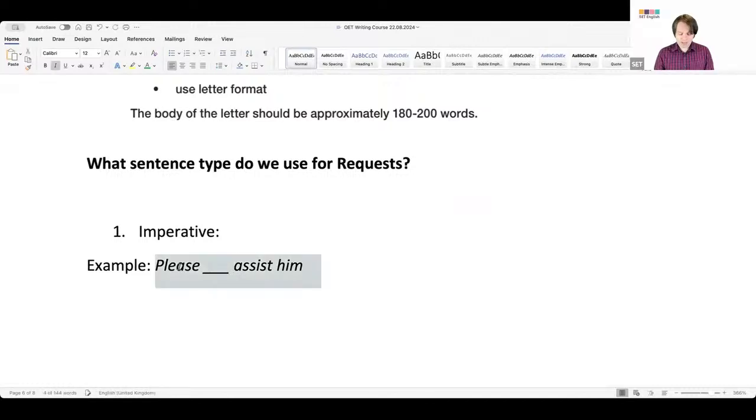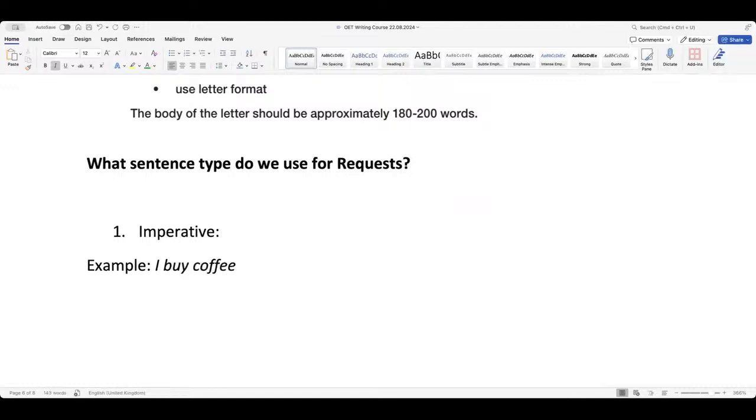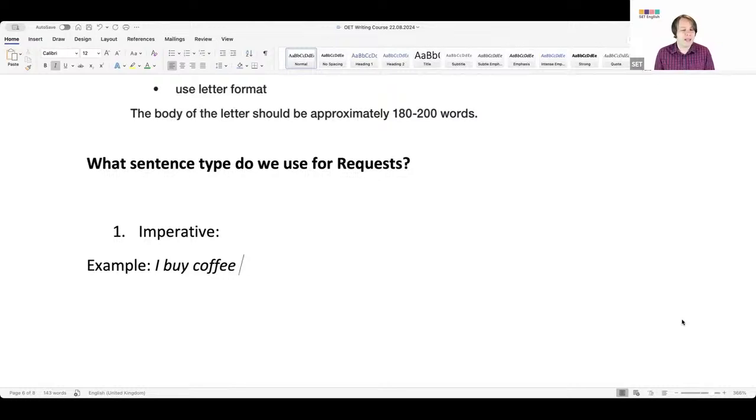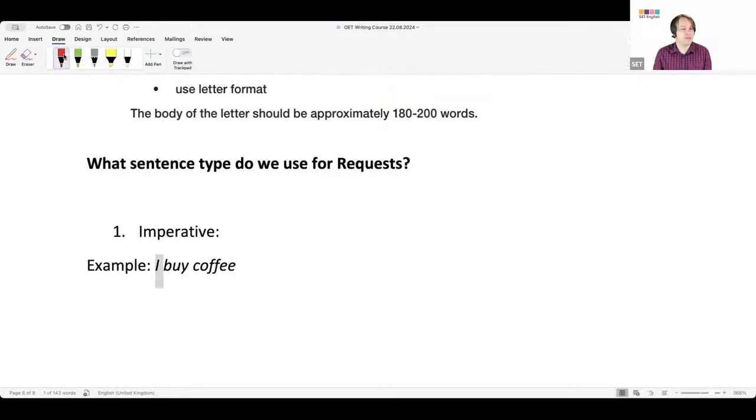If I say I buy coffee, is that a request? No. Why is that not an imperative? What is it that makes this not an imperative? Because it's not a request.